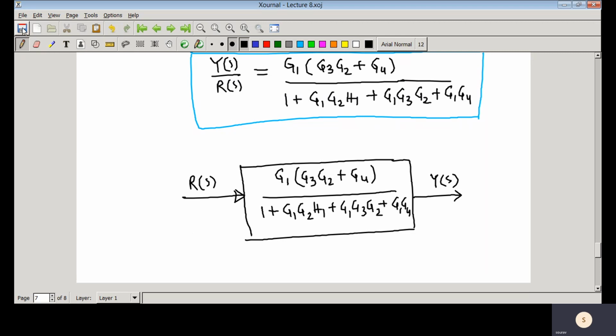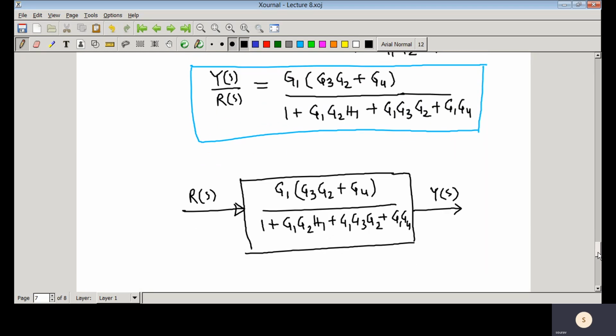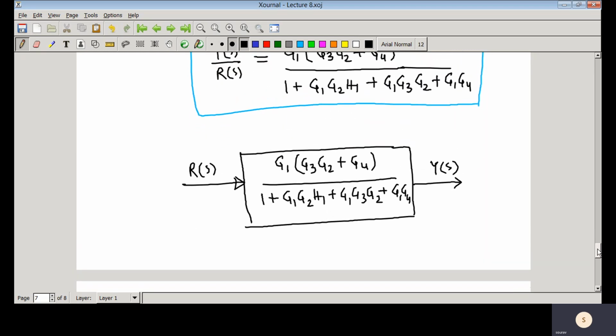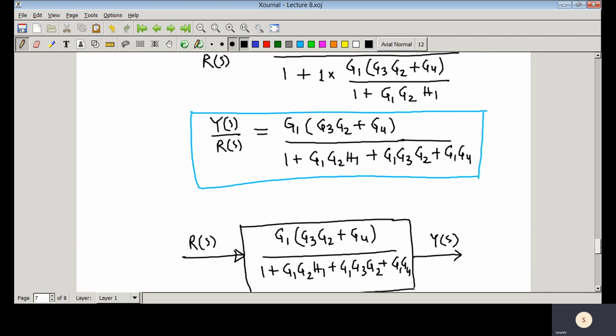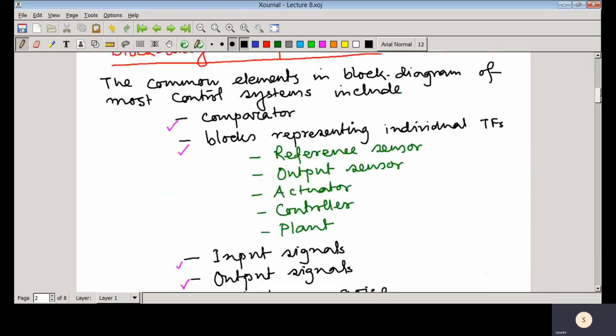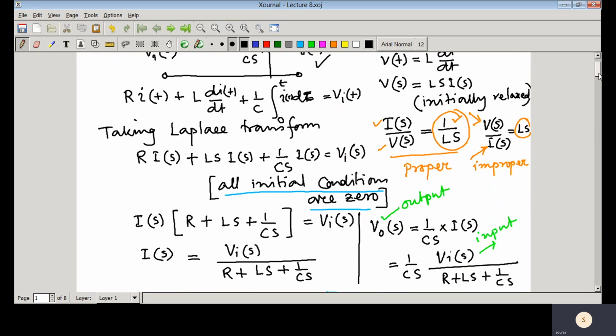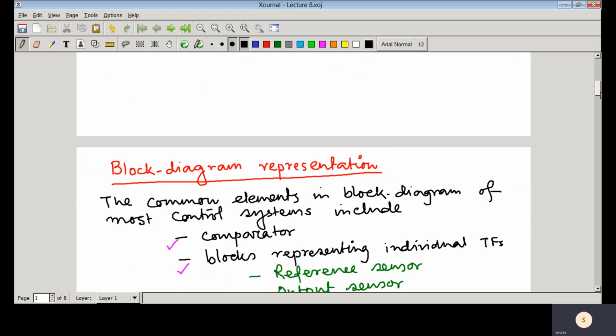So now you can see the transfer function that we have obtained just by applying the transfer function reduction technique. Today we have solved one simple example and derived the transfer function for the series RLC circuit.